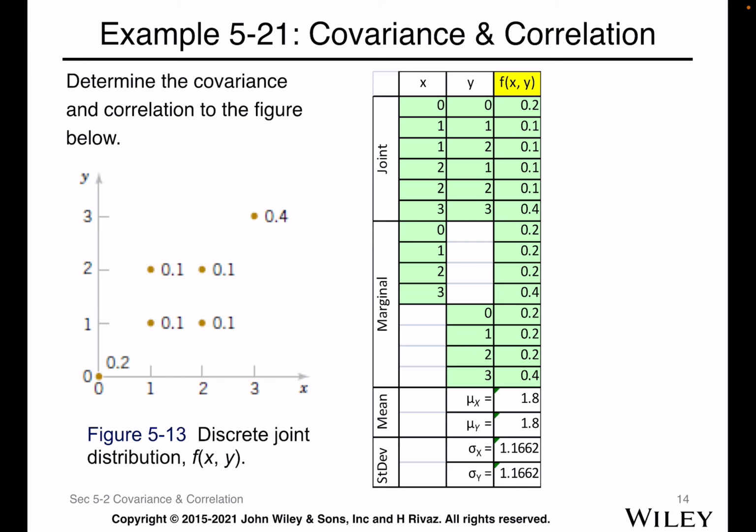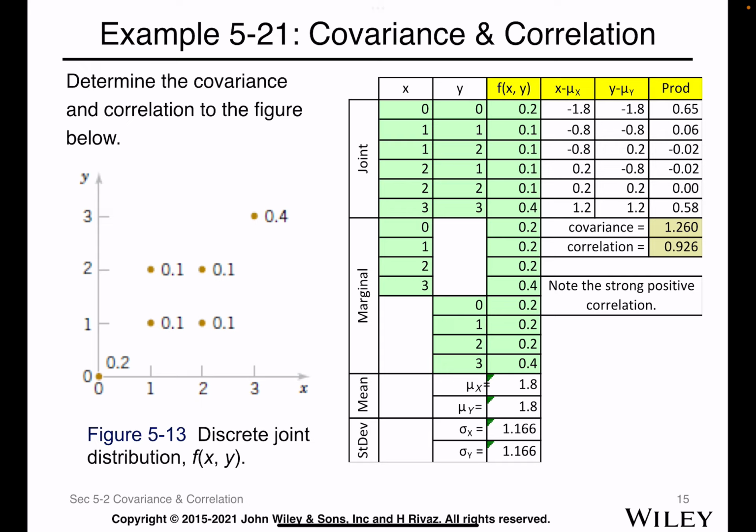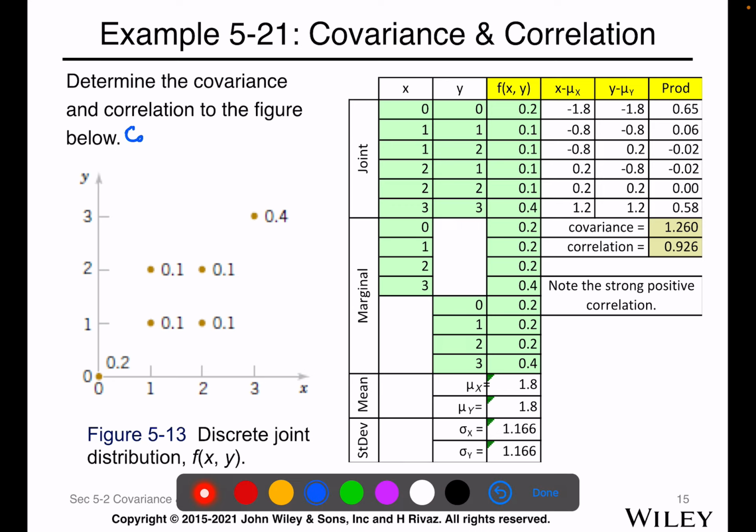Okay, very good. So now I want to calculate the covariance, and remember the definition of the covariance of x and y was expected value of x minus mean of x times y minus mean of y, right?